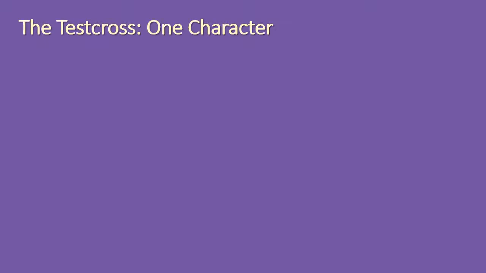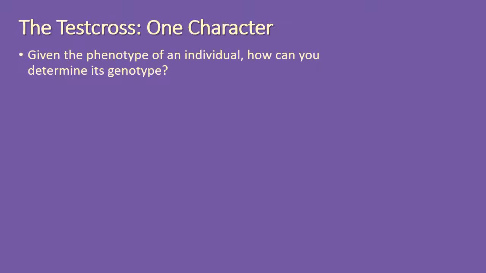So the last type of cross that we're going to talk about in this lecture is the test cross. Now, we're still doing it with just one character. So we know that when you take a true breeding plant that's dominant and cross it with a true breeding plant that's recessive, you get all dominant.